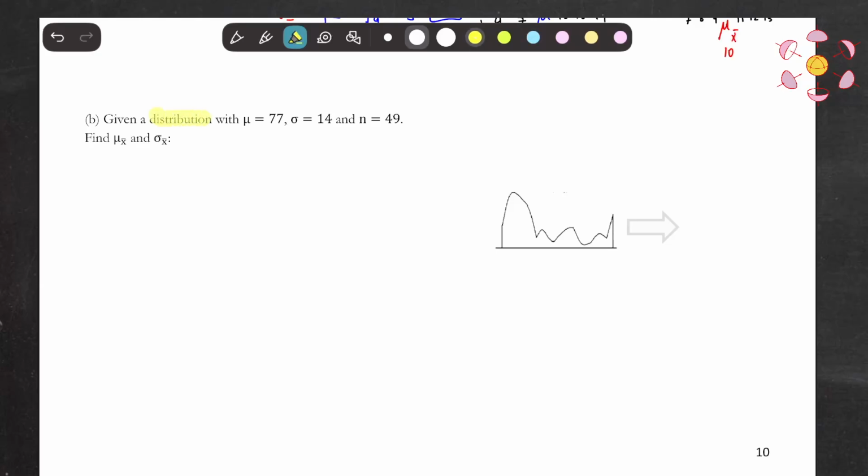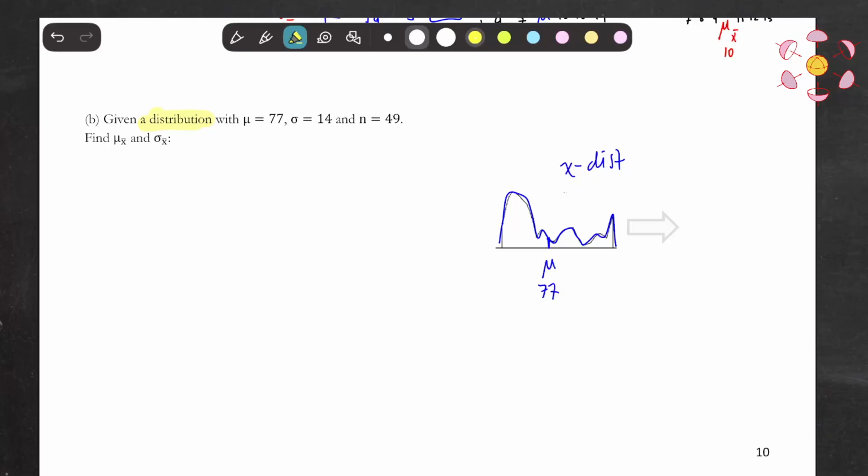Okay, so we've got the distribution given in this picture. This is the X distribution. Of course, it's some sort of very bumpy, pretty random looking thing. But what it's telling us is that the mean of this, and I'm just going to pretend to eyeball the mean, let's say it's over here, is 77.